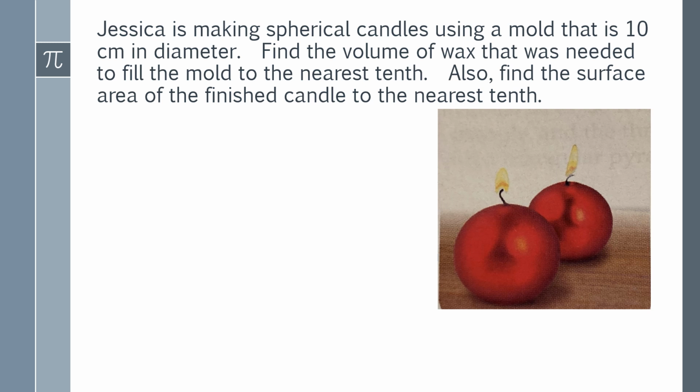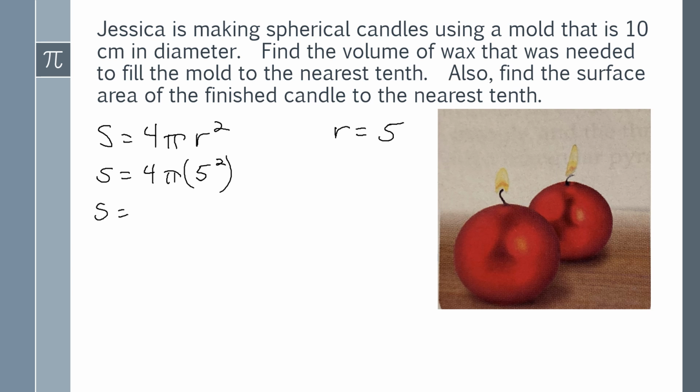Okay, let's check your work. So the surface area is equal to 4 times pi r squared. Well, that's not that bad in this case. Now, if the mold is 10 diameter, the radius is equal to 5. So our surface area is 4 times pi times 5 squared, right?